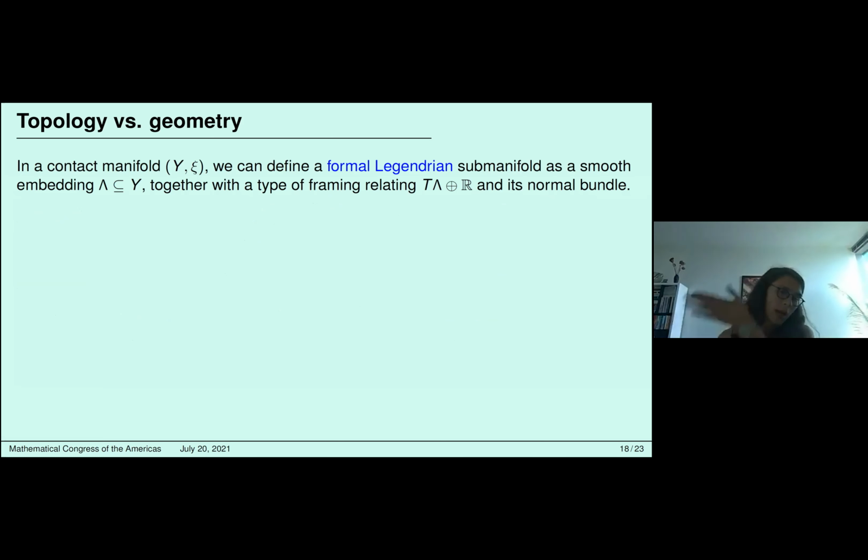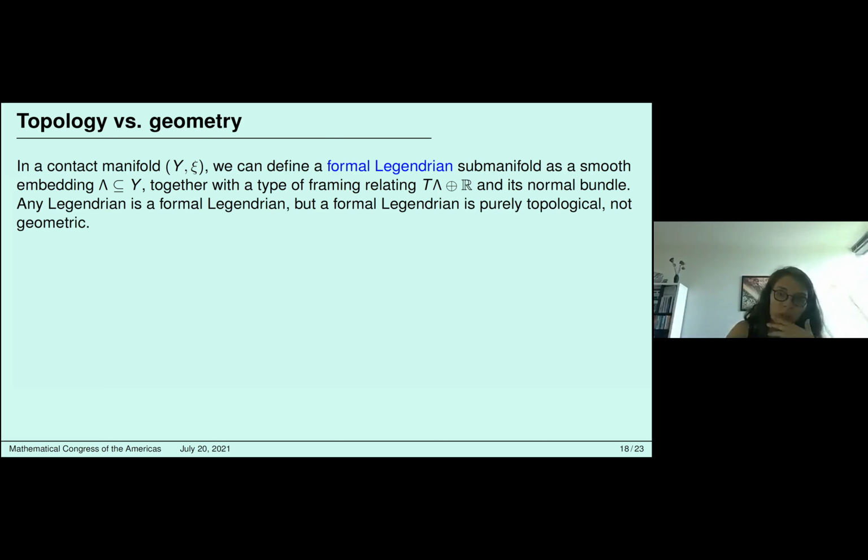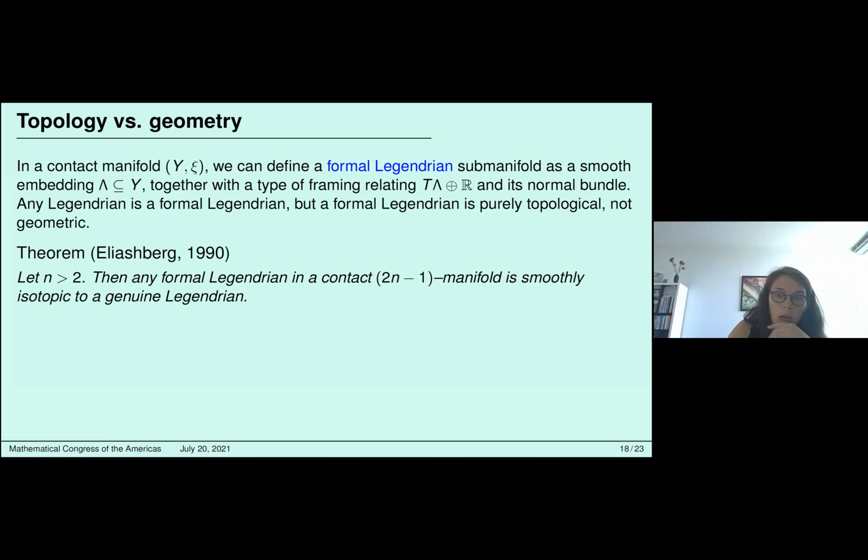So now, like anything, this is a geometric notion, but we can put on our algebraic topology glasses and you get a weaker notion. This is something we call a formal Legendrian. The specifics of it, I won't worry about too much. There's an existence result for these going back to 1990, which is that any formal Legendrian is smoothly isotopic to a genuine Legendrian.